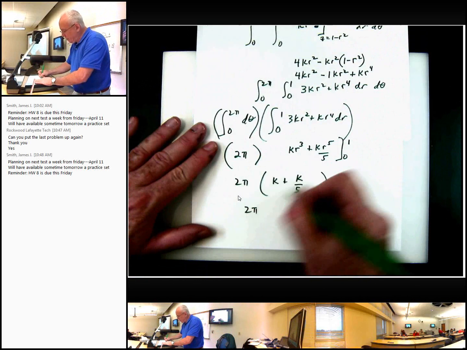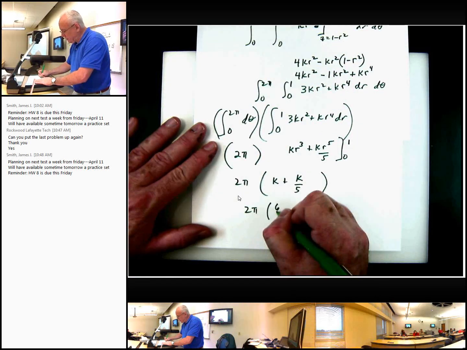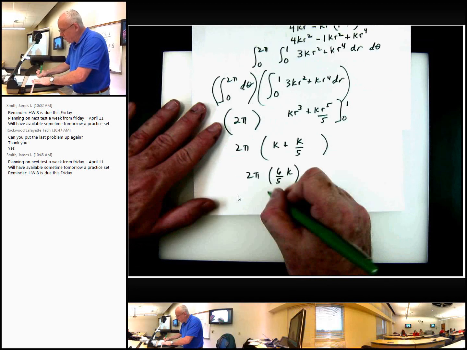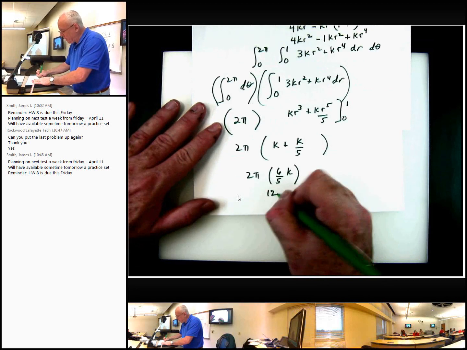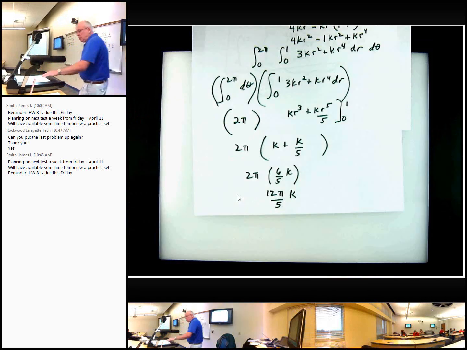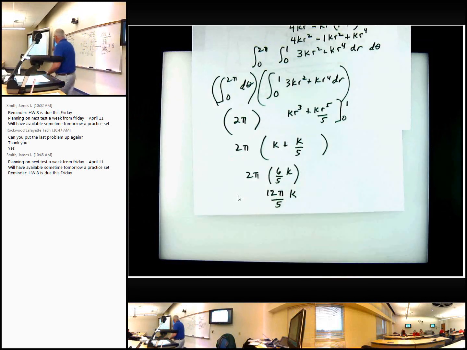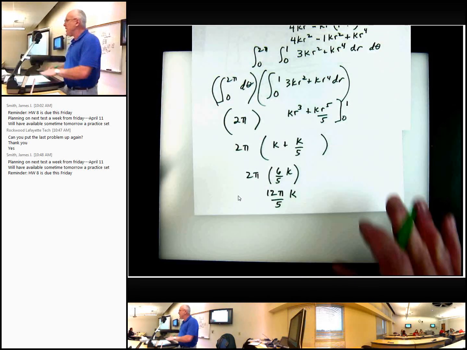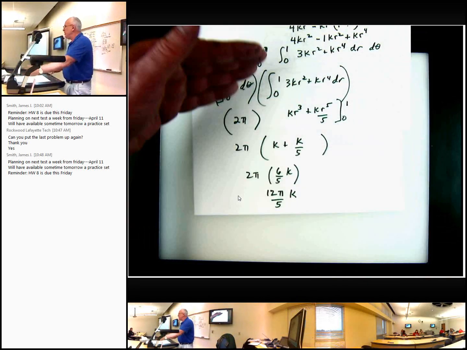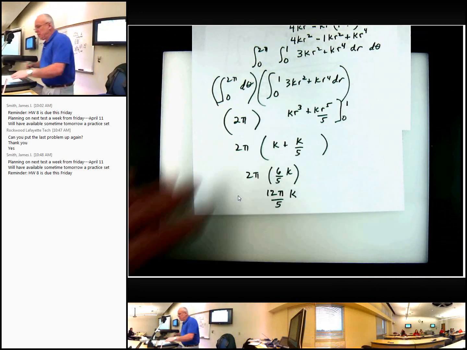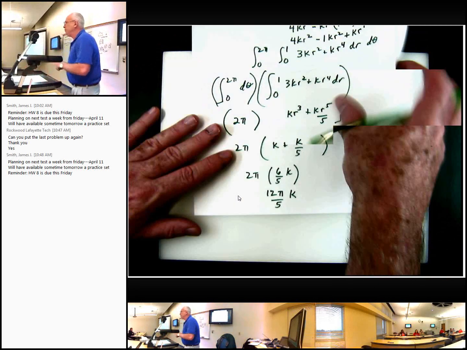K plus K over 5 is 6/5 K, and so that equals 6 times 2, 12 pi over 5 times K. So notice we had to keep that proportionality constant throughout the whole thing. Of course, I could have drawn that thing out a couple steps ahead because it just sticks around as you keep integrating. But I like to do things the hard way.